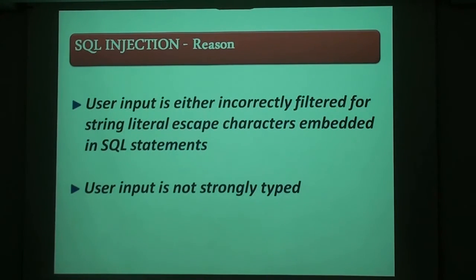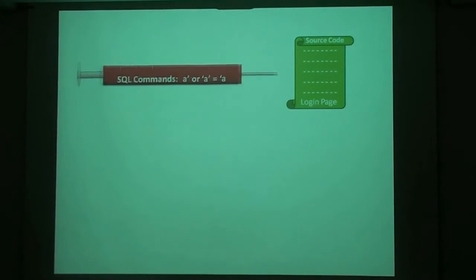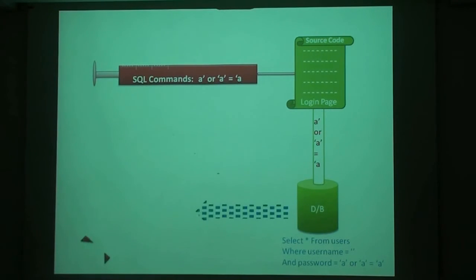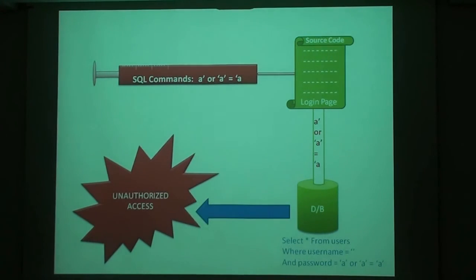This is a graphical demonstration of how an SQL injection happens. The SQL commands are inserted into the source code via the program or the interface, and the arbitrary commands which are inserted travel to the database and are appended to the query in the database. It executes, and using this the attacker can gain unauthorized access into the system.